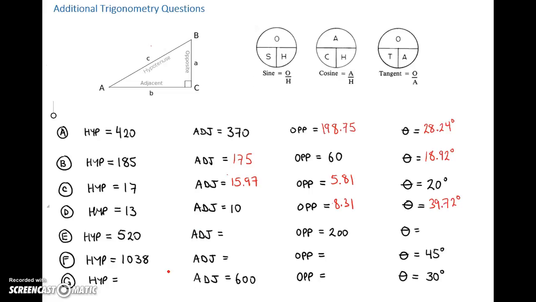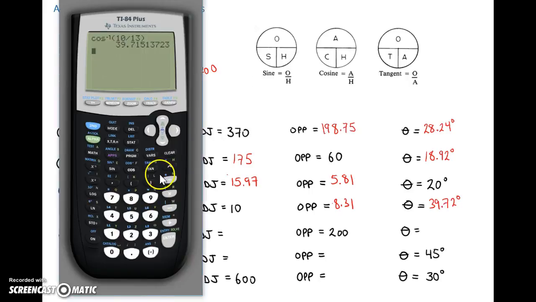Hypotenuse of 520. Okay, what do we need? Opposite is 200. And we are looking for the adjacent. So we're going to do the larger area minus the smaller area. 520 minus 200.